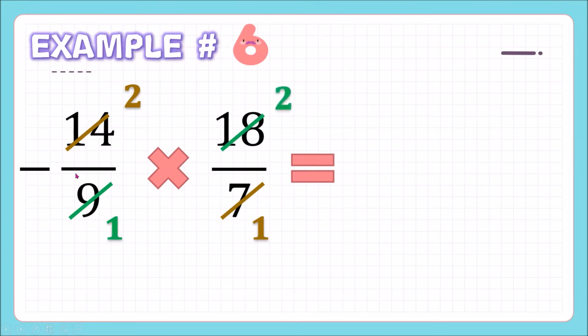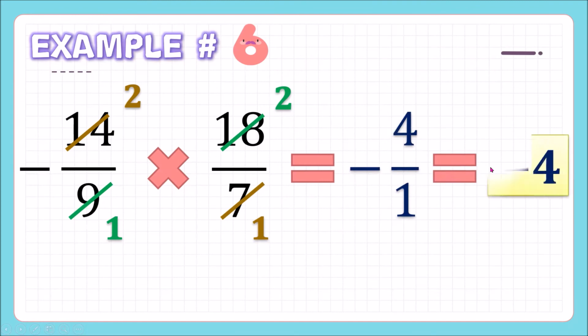So take note, negative 14 will become negative 2. So negative 2 times 2, we have negative 4. And then the denominator, 1 times 1, we have 1. So negative 4 over 1 or negative 4, because 4 over 1 is 4.